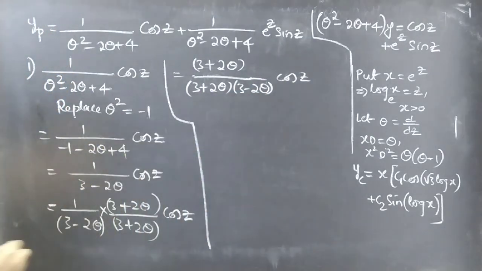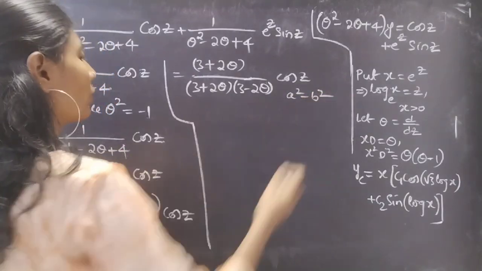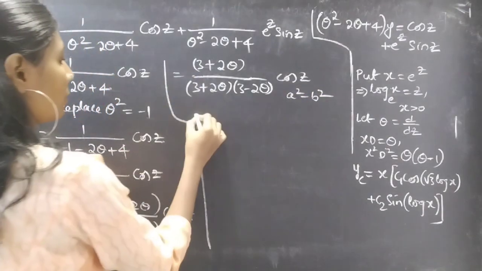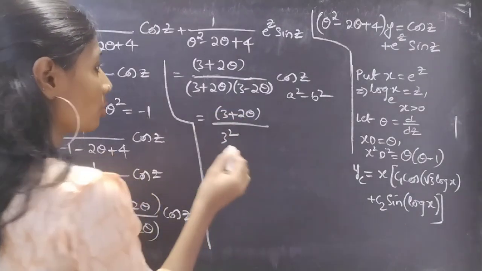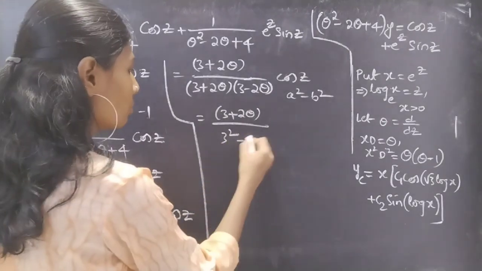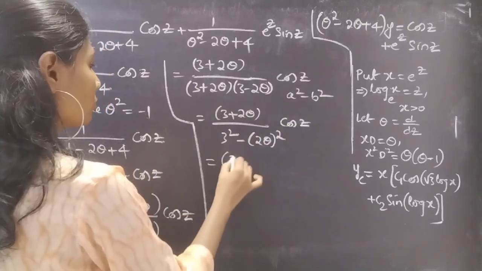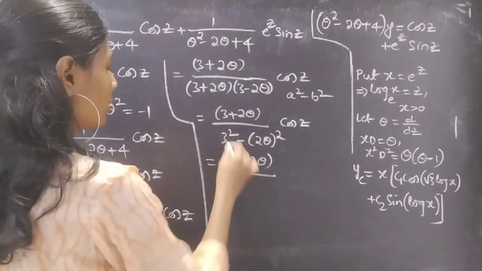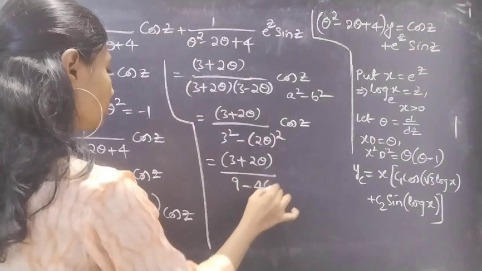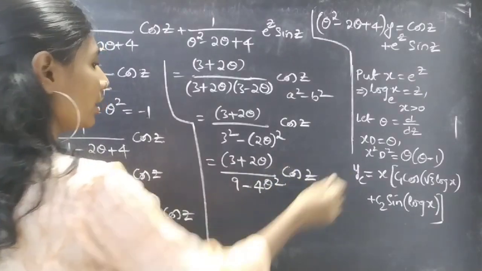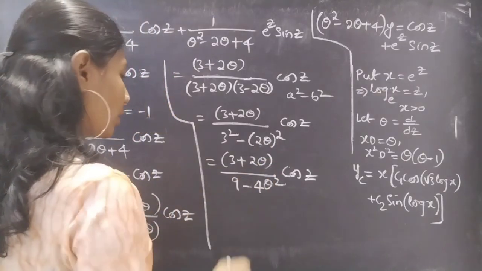So this is of the form a plus b into a minus b, so we can write it as a square minus b square. Then this becomes 3 plus 2 theta by 3 square minus 2 theta whole square into cos z. This equals 3 plus 2 theta by 3 square is 9 minus 2 theta whole square. 2 square is 4 into theta square, you'll get 4 theta square.